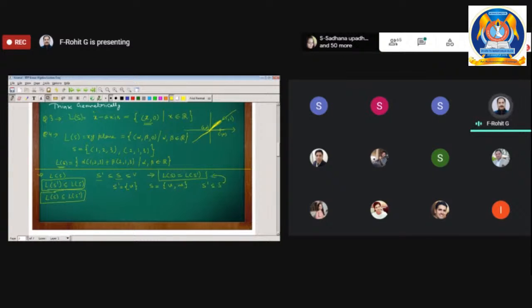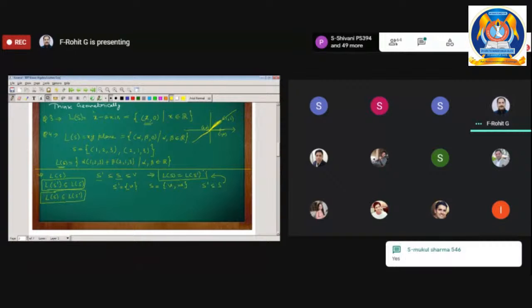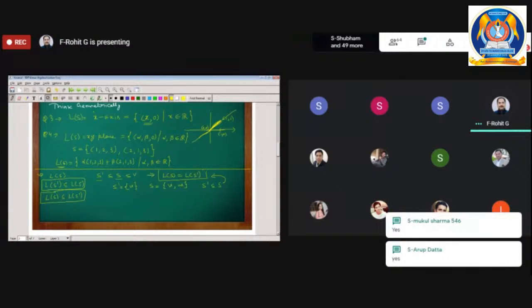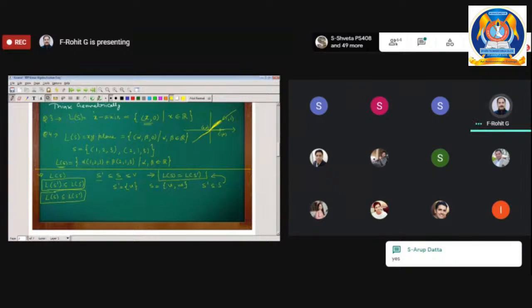right? I want to see under what condition the linear span of S will become the linear span of S dash. I want to explore this.